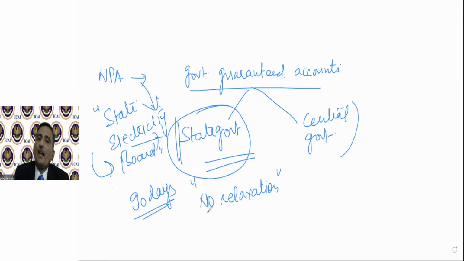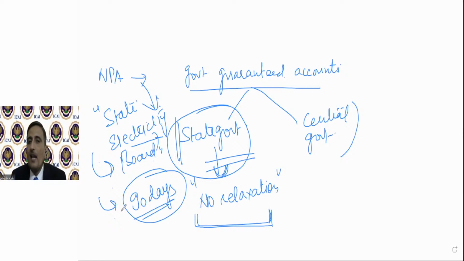If a loan account is guaranteed by a state government, okay, then NPA norms, provisioning norms, asset classification norms would apply and income would have to be reversed. However, in case of central government guaranteed accounts, the income would have to be reversed.